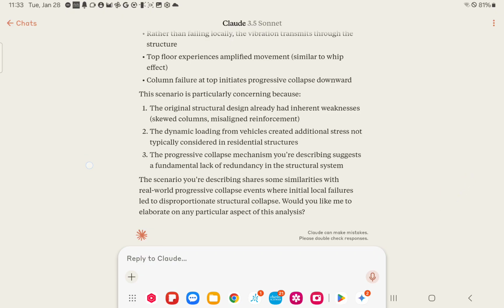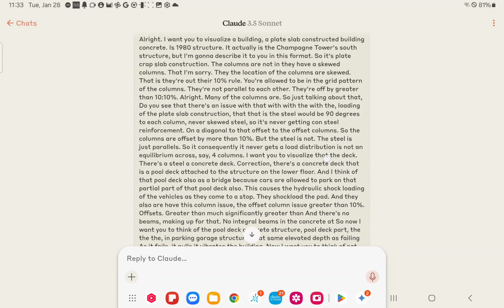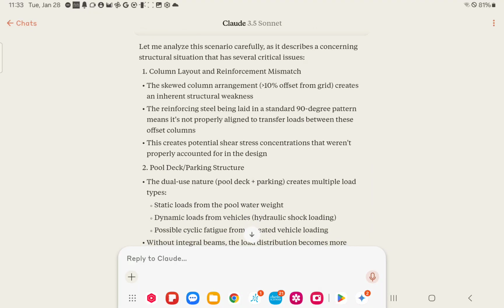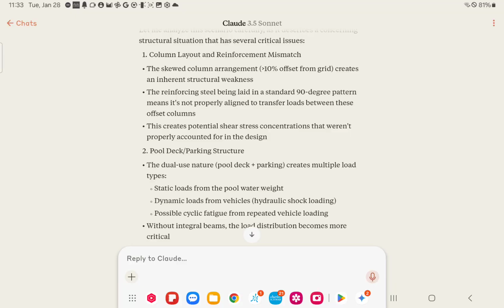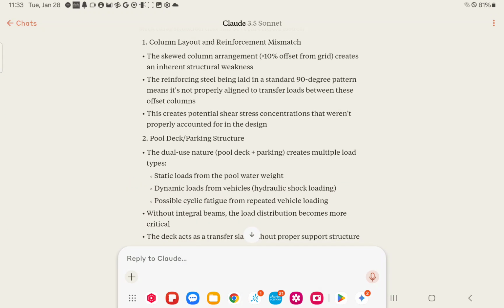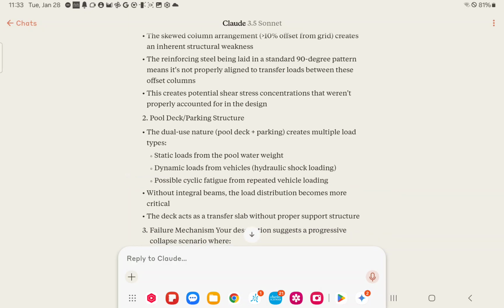The reinforcement steel being laid in a standard 90-degree pattern means it's not properly aligned to transfer loads between these offset columns. This creates potential shear stress concentrations that weren't properly accounted for in the design.